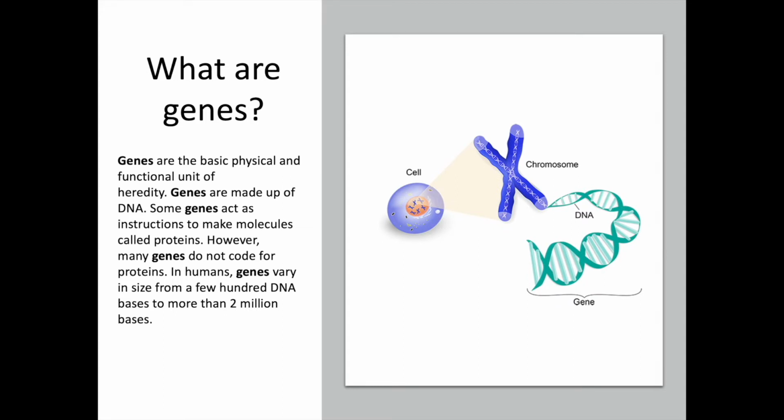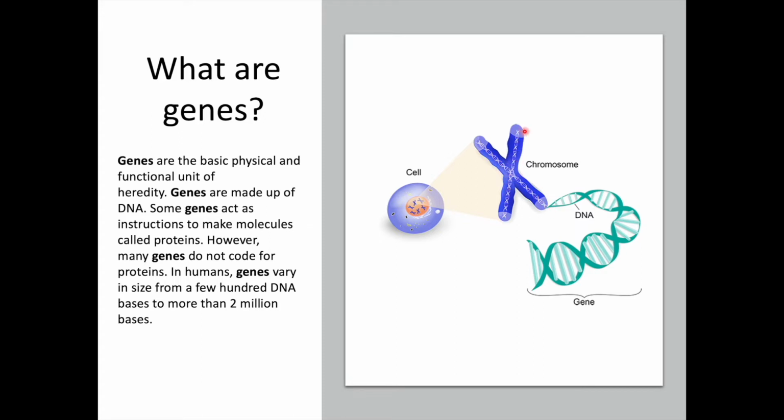You will see from the image or from the figure that I'm presenting right now that this is the cell, and inside the cell there is the nucleus, and inside the nucleus it is made up of millions and billions of this DNA.